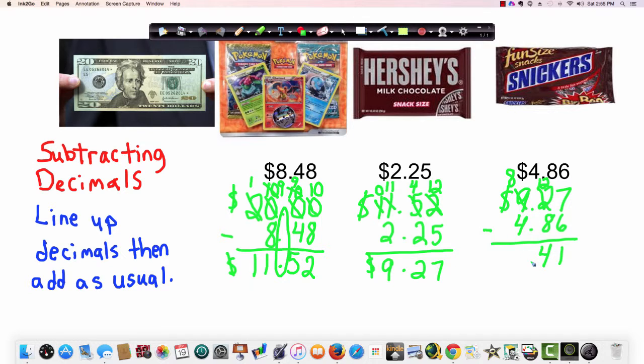I've got to line up my decimals, and then 8 minus 4 is 4. And so, after buying my little brother these Snickers, whether my mom's happy about it or not, I come out with $4.41 that I am going to give back to my mom as change from the $20 that she gave me. So hopefully she'll be happy.